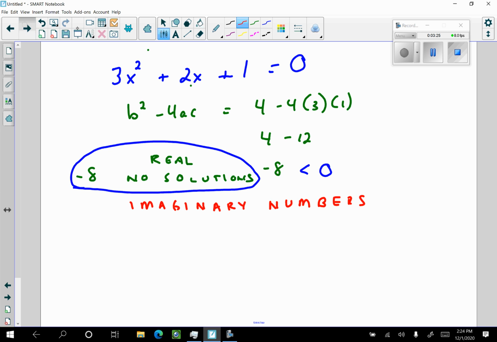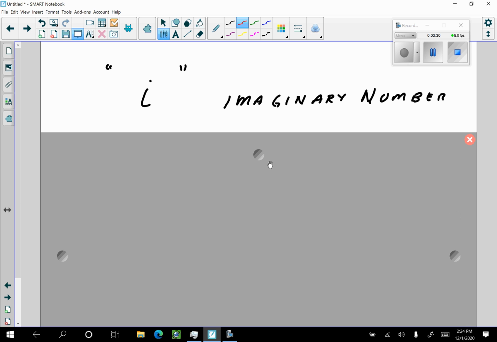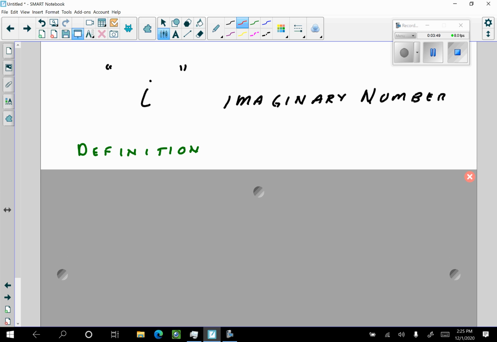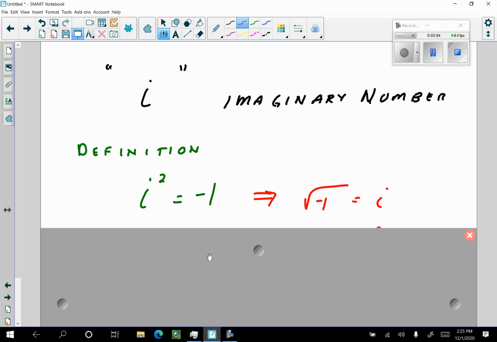The imaginary number is this guy right here, i, which stands for imaginary. It's not a real number. It's an imaginary number. What the heck is i? Well, i is very simply the imaginary number. The definition of i is such that if I square i, i squared is equal to -1.